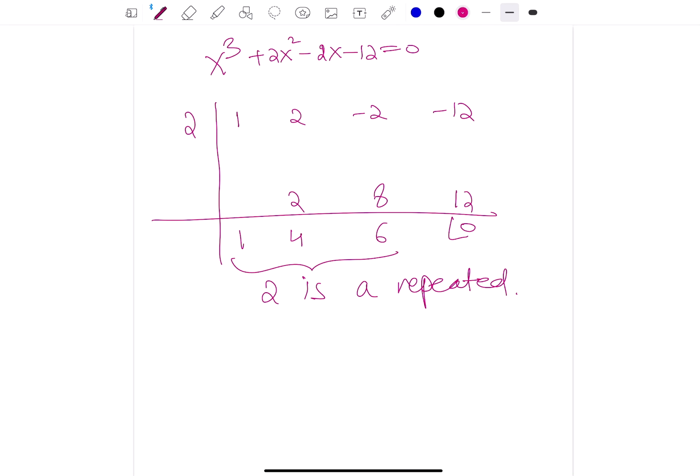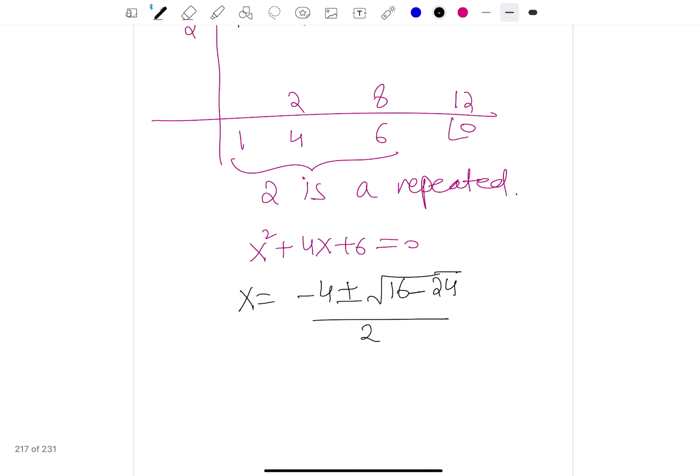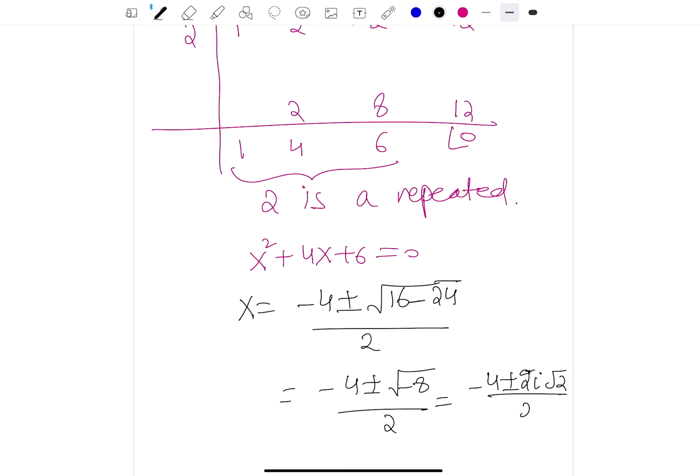So now I'm down to a 2nd degree polynomial, x squared plus 4x plus 6 equal to 0. We can go ahead and use the quadratic formula. Negative b plus minus the square root of b squared minus 4ac, divided by 2a, turns out to be negative 4 plus minus square root of negative 8, since 16 minus 24 is negative 8, over 2, which is negative 4 plus minus 2i root 2 over 2.